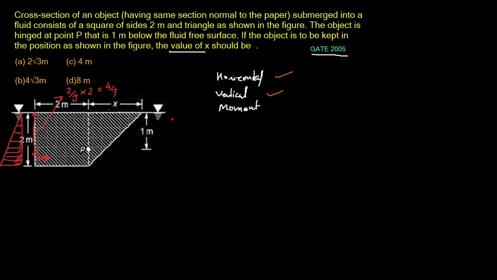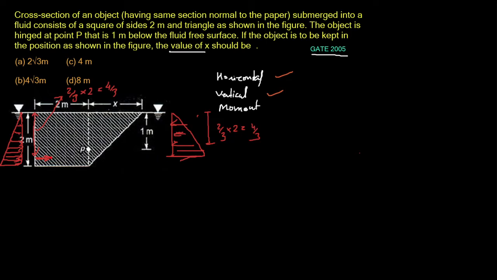And if you consider the other side, the pressure distribution would be the same, and the centroid would be the same also. That means from the top vertex it would be 2/3 of the height, that is 2, so that would be 4 by 3.